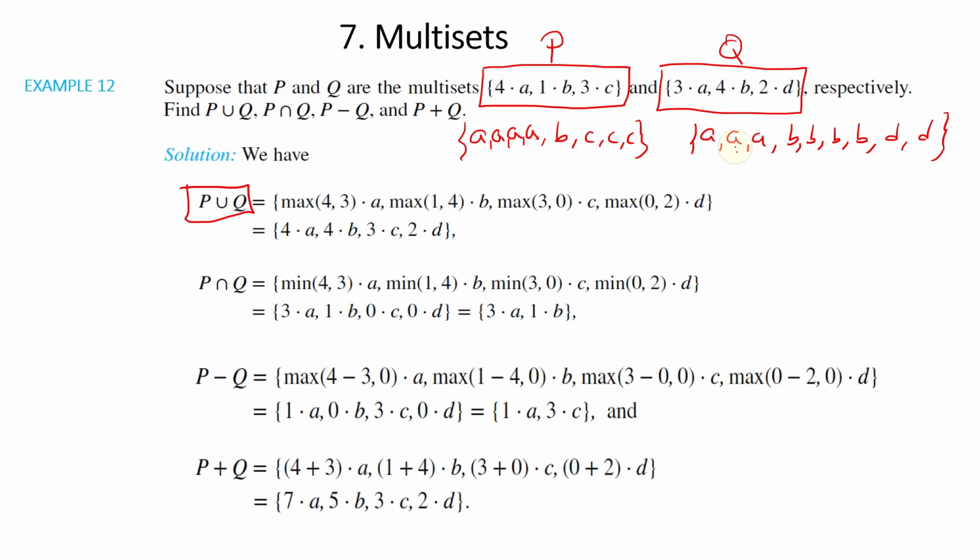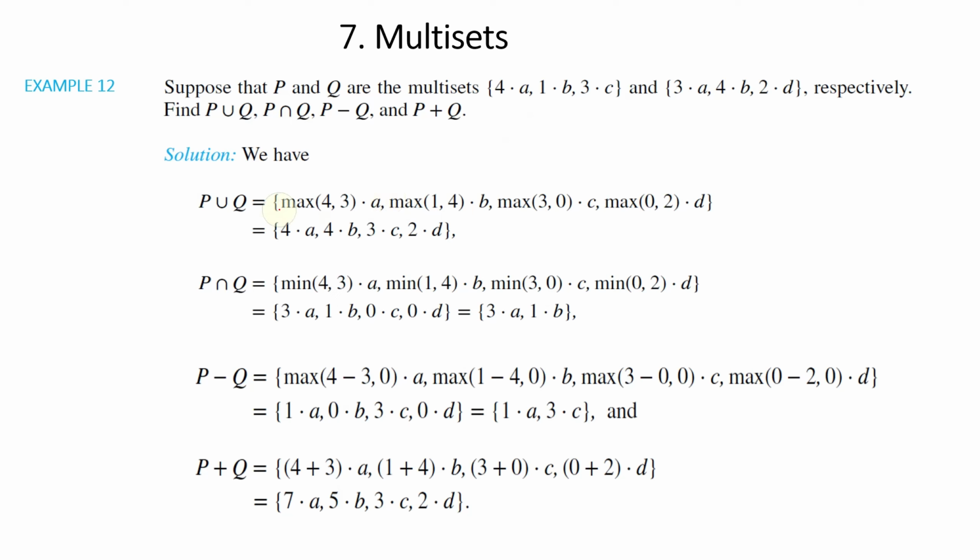So when I do the union, I'm looking at the maximum between the counts of the elements that are the same. I have A here, so the union has 4 A's: I had 3 on that side and 4 on this side, so the maximum is 4.